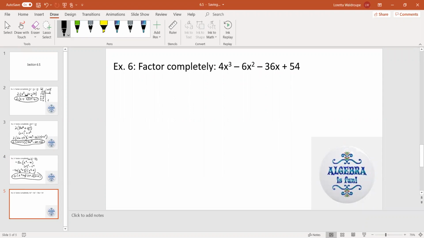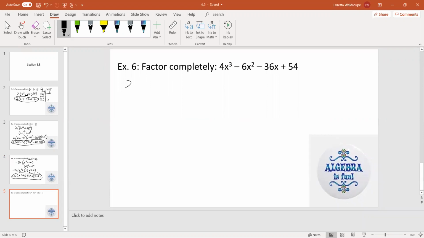Okay, as I look at this, they're all even, so I'm going to factor a 2 out. Divide by 2, divide by 2, divide by 2, and divide by 2. Okay, now you have 4 terms and nothing in common.